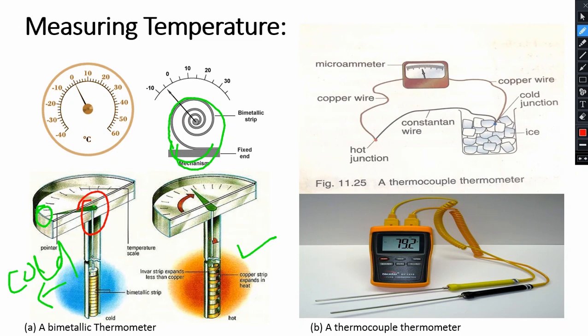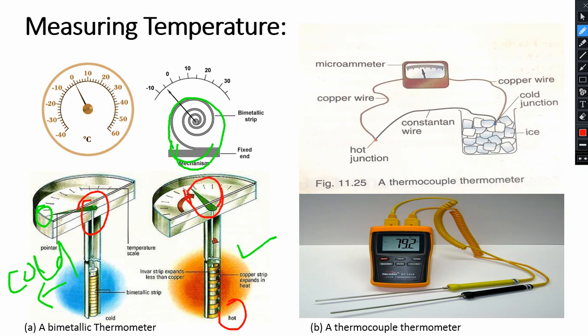But after they put this thermometer in a hot object or hot liquid, at hot temperature the brass is expanded and the iron is contracted, and as a result this pointer is moved toward that temperature.